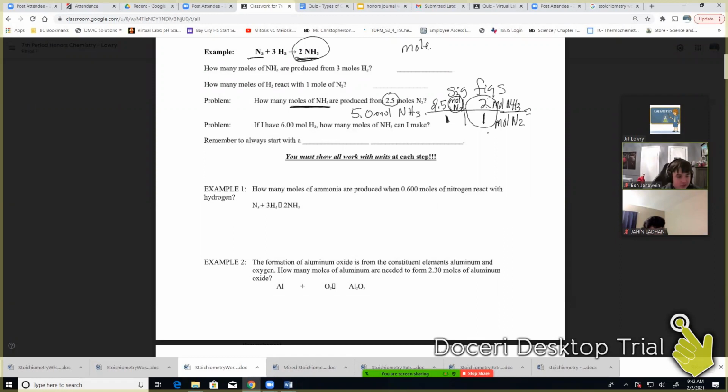My mole ratio, which is this right here, where I'm comparing the moles of my known to the moles of my unknown, is a conversion factor. CONV is conversion if you want to write yours out.